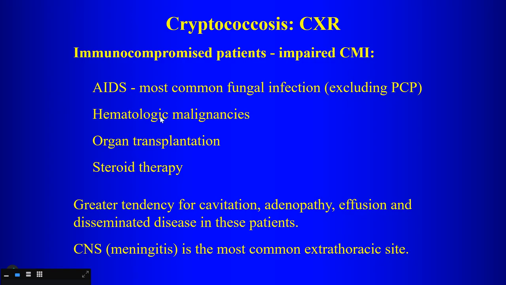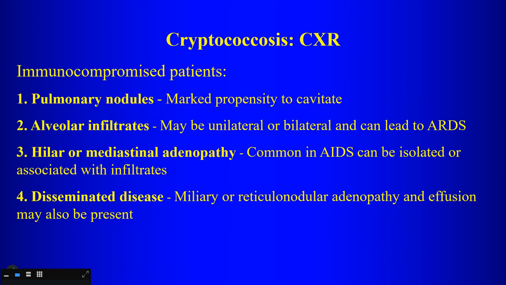Immunocompromised patients, AIDS, hematologic malignancies, organ transplants, steroid therapy, have a greater tendency for cavitation, adenopathy, effusion, disseminated disease. CNS, especially meningitis, is the most common extrathoracic site of dissemination with Cryptococcus, okay? So in immunocompromised patients, again, much the same: nodules, consolidations, lymph nodes, disseminated disease, miliary disease, of course.